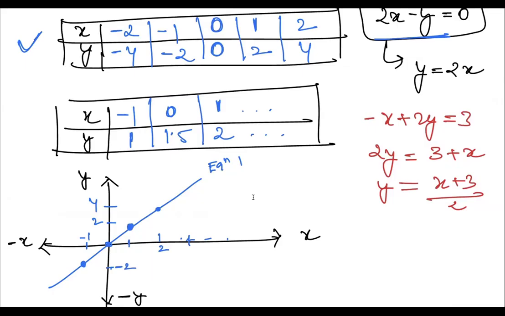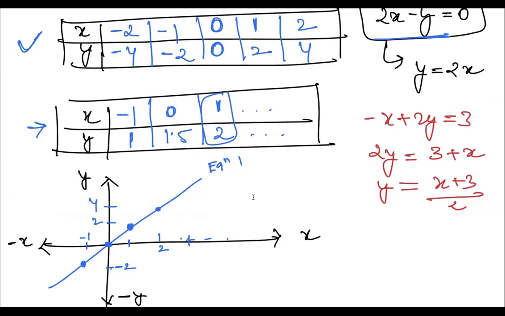Now let's draw our second equation, which is minus x plus 2y is equal to 3. So 1 by 2 is definitely a common point.